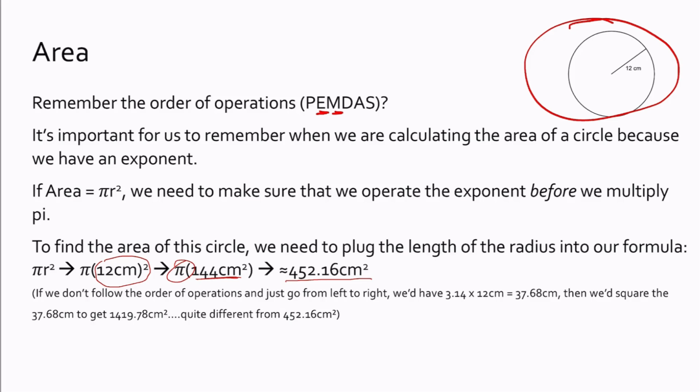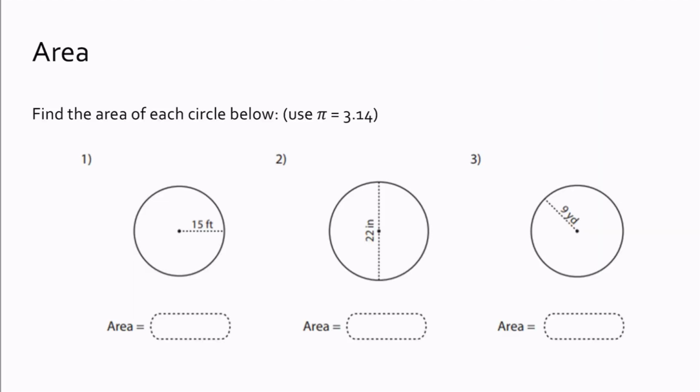Now, if we don't follow the order of operations and we just go left to right, where we have 3.14 times 12 squared, if we square this, we are going to get 1,419 square centimeters, which is super different. So the order of operations, we have to be really careful here. Pause this video and calculate the area of these circles.